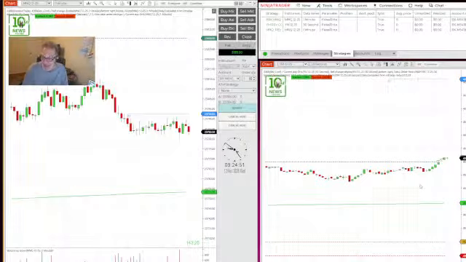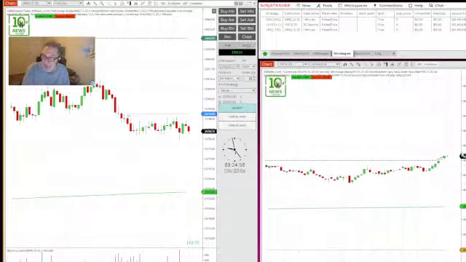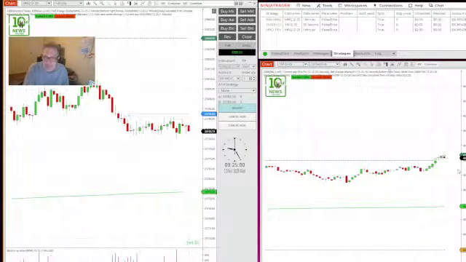There's no phenomenal setup this morning on the YM. Why do I say that? Phenomenal meaning something that really pulls you in. If we were down in this area at 908, where we had a possible magnet entry, that would have been good, right?